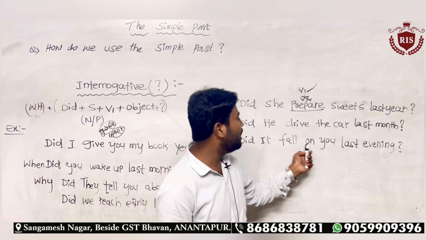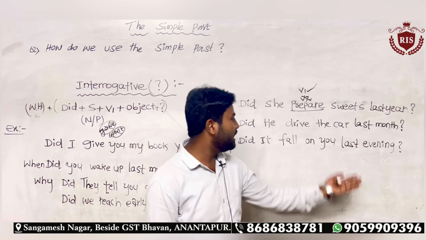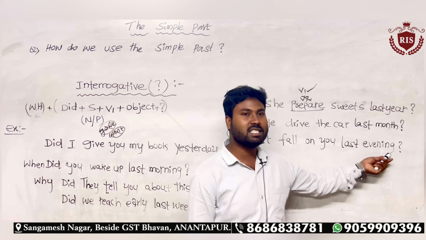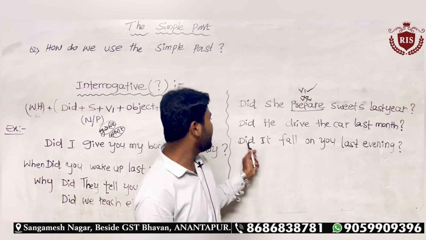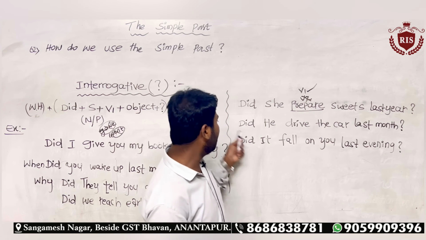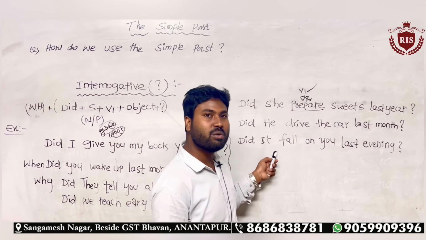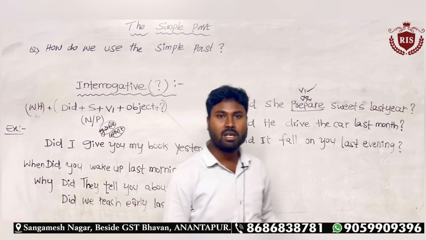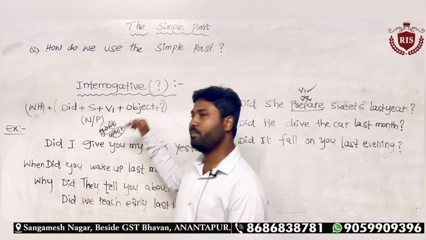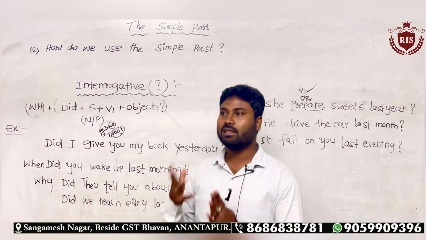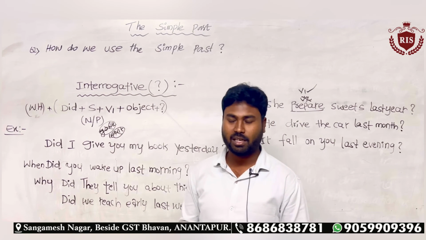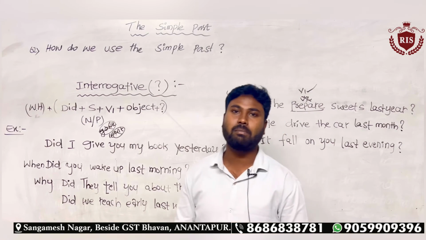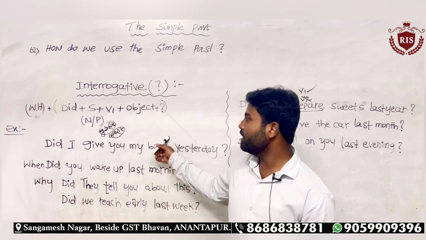Did it fall on you last evening? It ends with a question mark. Again, last evening is a keyword in the sentence. So we have used the formula which we need to use to frame questions. Okay, this is all about the interrogative form, how to frame a question in the simple past. So I hope everyone has understood.